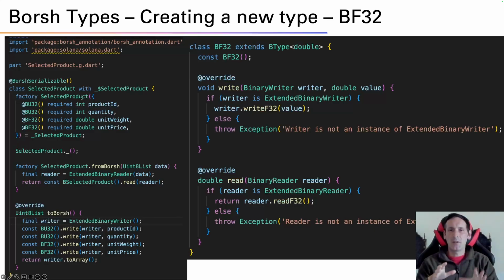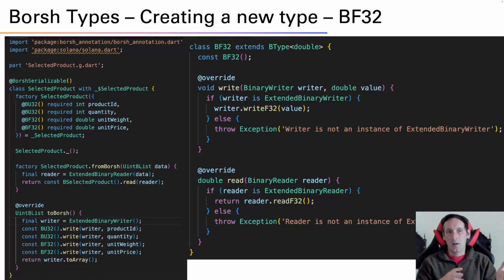If you remember from the previous video, Borsh encoding is a super optimized, very efficient binary format that is used by the Solana blockchain. Similar to, as I mentioned in the previous video, for those of you familiar with protocol buffers, Borsh is a similar binary format, super optimized.